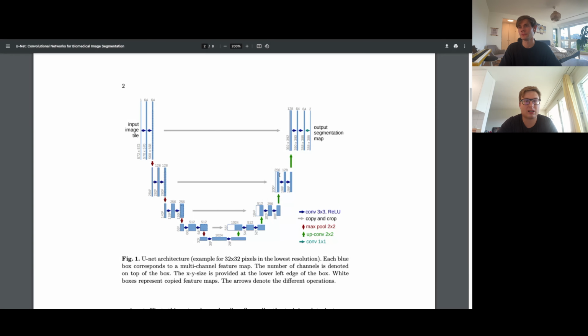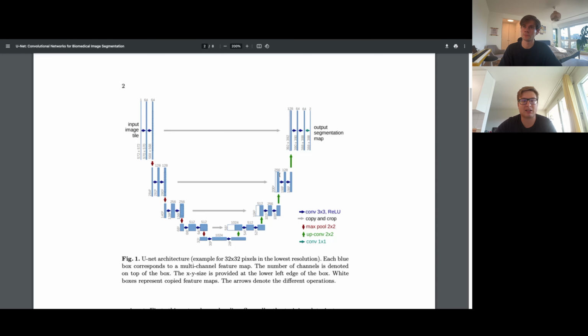And what the network does is use the input image, apply some convolutions, and then also leverage downscaling, so reducing the size of the image while increasing the dimensionality in terms of channels. So you can encode more information per pixel at a lower resolution.